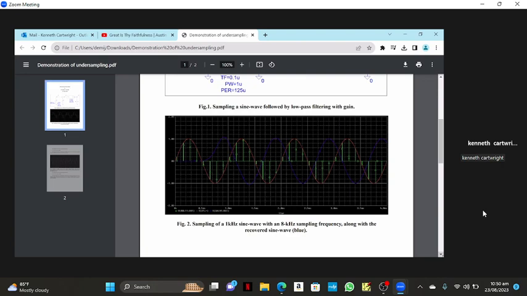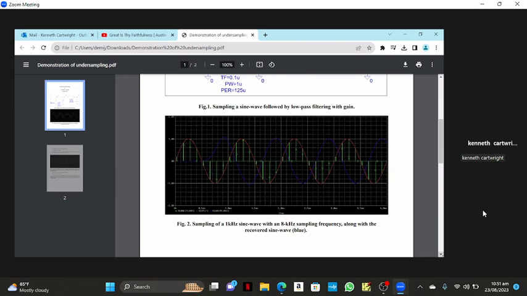All right, so that's a little review in there. What's the blue? The blue is the output of the filter, and it is just the delayed version of the red. We get back our original sine wave, although the low pass filter causes some delay, which we can't do anything about.